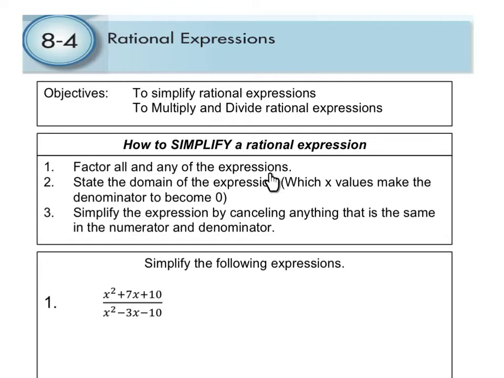Once we get done factoring everything, second thing we're going to do is state what we call the domain of the expression. So which x values make the denominator become 0. There's a couple of ways that we're going to do this.